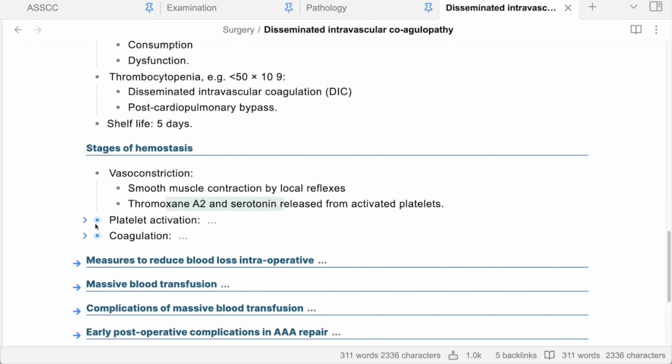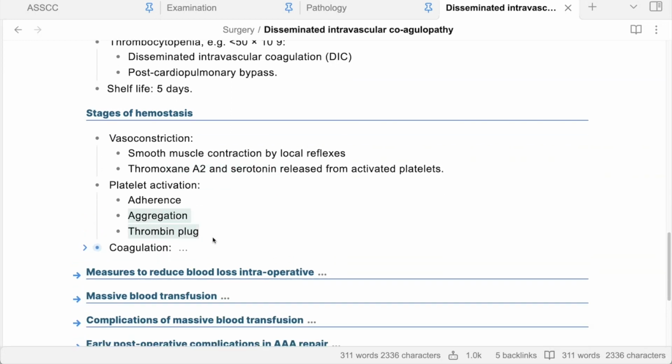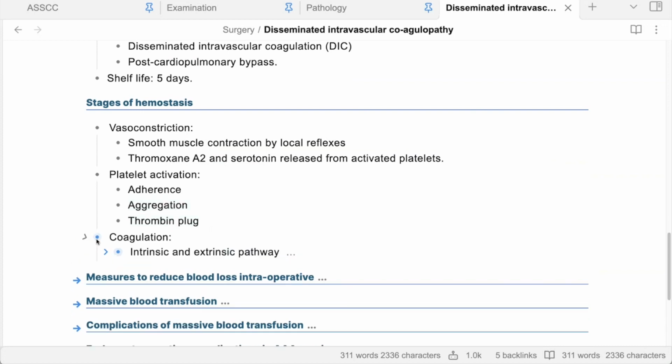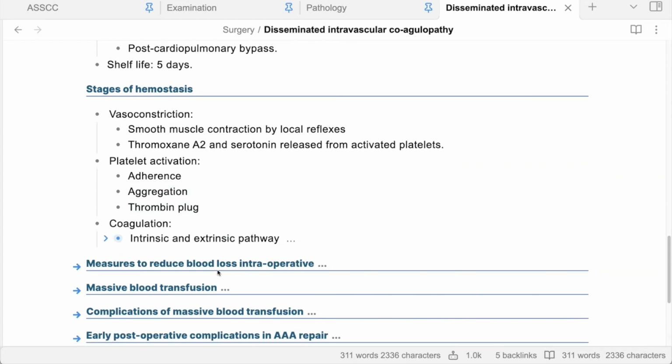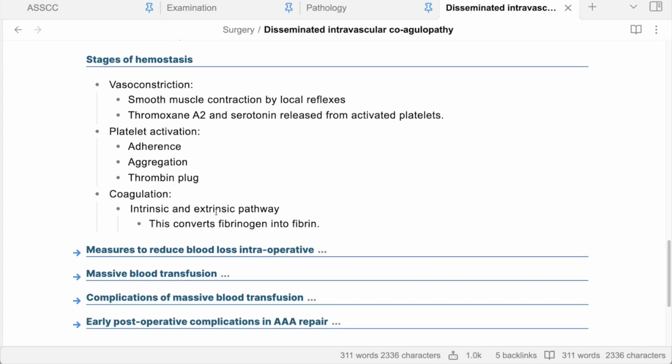Two, platelet activation. It will adhere to the wall and aggregate and form a platelet plug. And three, coagulation cascade activation, whether it's the intrinsic or extrinsic pathway, and this will lead to formation of a fibrin-rich meshwork, which is called the thrombus, basically. All right. So fibrin meshwork. Okay.